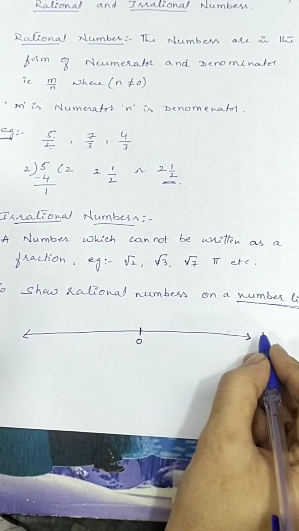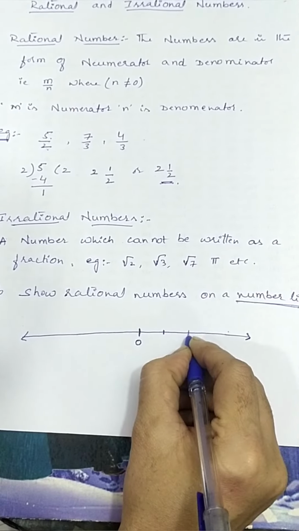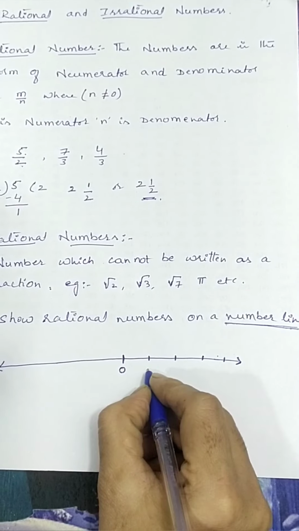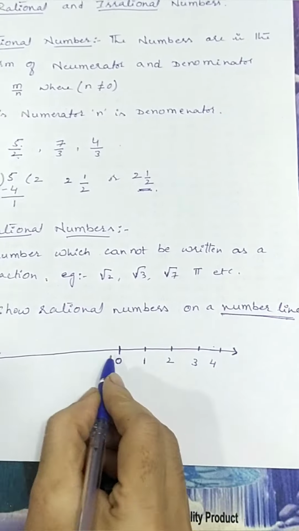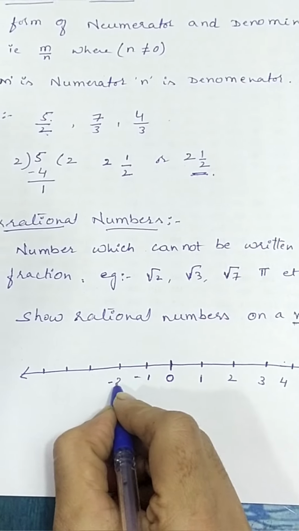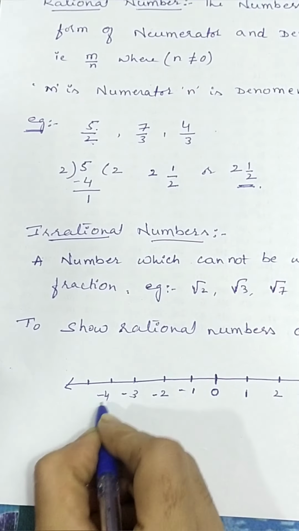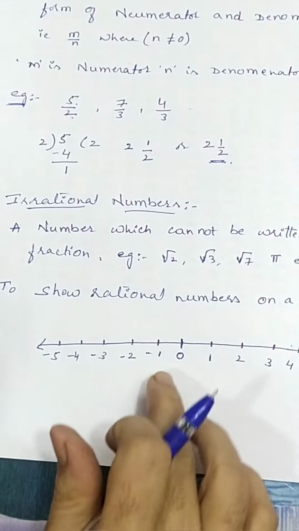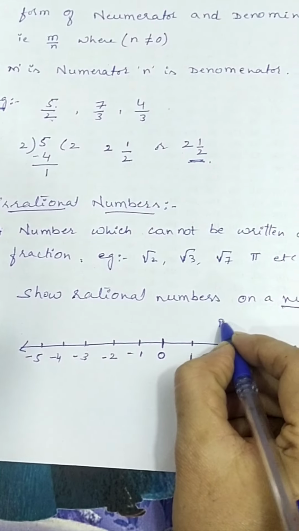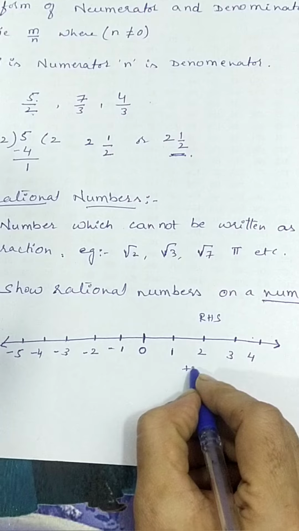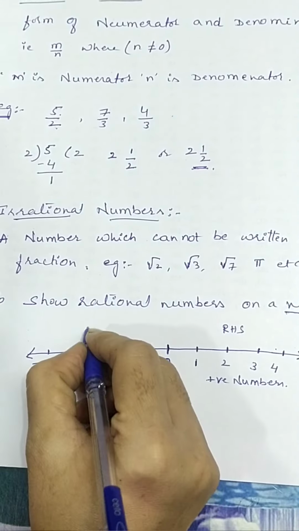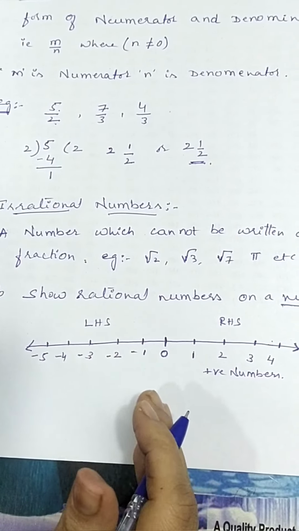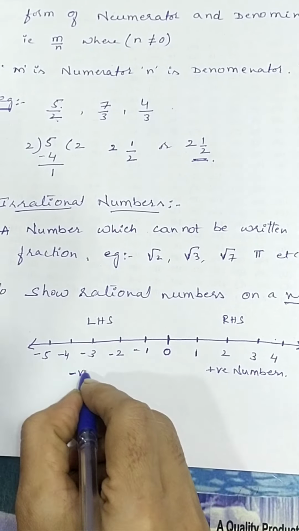After 0, on this side, all positive numbers, that is 1, 2, 3, 4, and before 0, -1, -2, -3, -4, -5. So after 0, these numbers are called RHS, the right hand side. These are positive numbers, and this side we call LHS, that is left hand side. Before zero, these are all negative numbers.